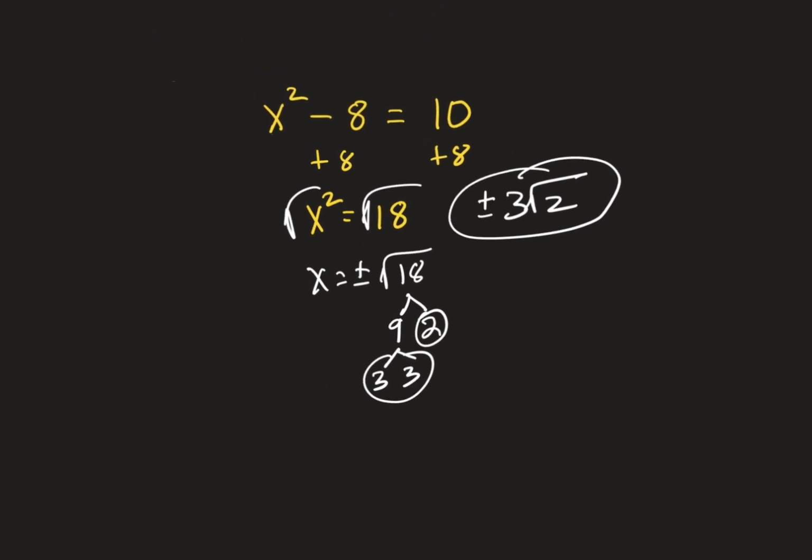Okay, so the type we've been looking for is just addition or subtraction to our variable. The next type we're going to look at is, what if we have multiplication happening to our variable? So we have negative 6m squared equals negative 96.